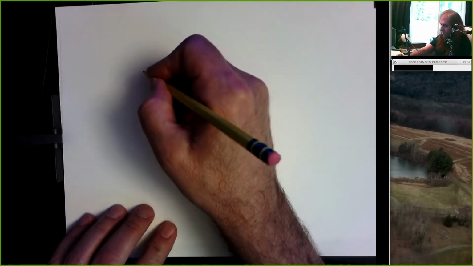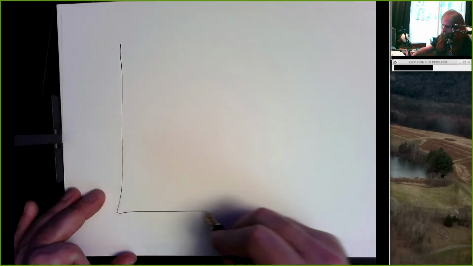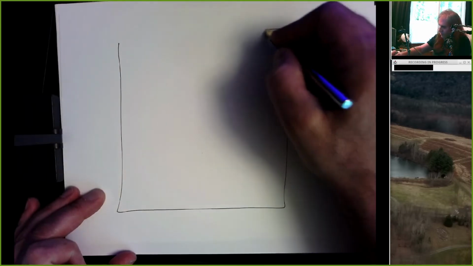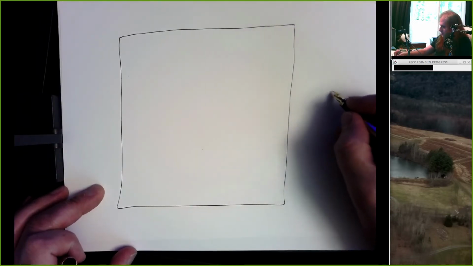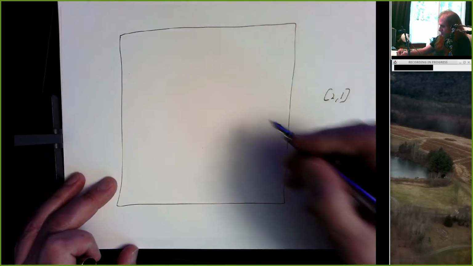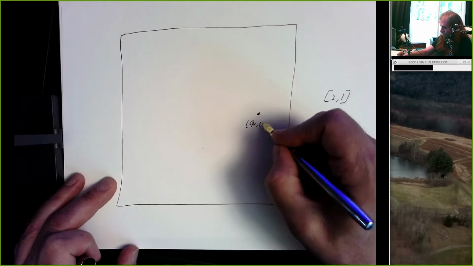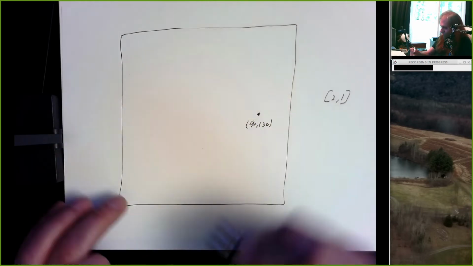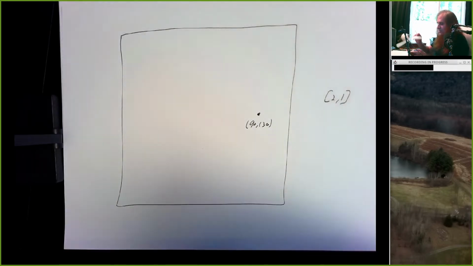So we've got a single box now. Let me do it like this. We've got a single box. We've got row 2 and column 1. The person clicked somewhere in here, which was 90, 130. So let's find the coordinates for the 4 corners.